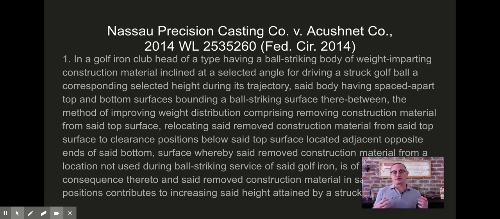And interestingly, it says, look, Nassau's made claims about what the coverage of the patent claim is, right? And they ought to be held to the interpretation of their patent claim that they've made below. In other words, if they want the patent claim to include as broad of a construction as they suggested, right, where it would mean removal of material from any part of the club, including part of the club face, then they have to be held to that interpretation of the claim by the lower court.